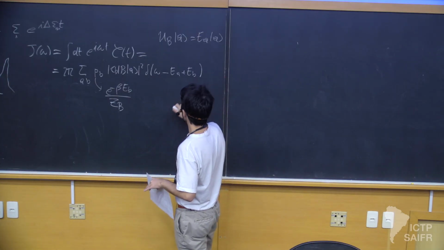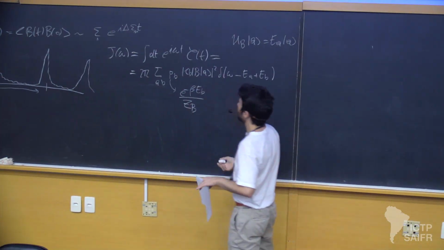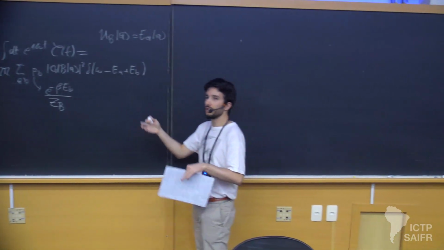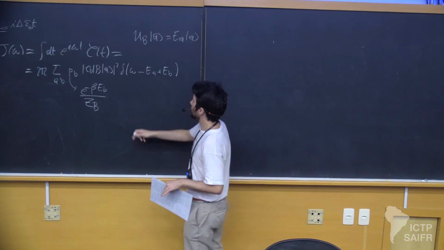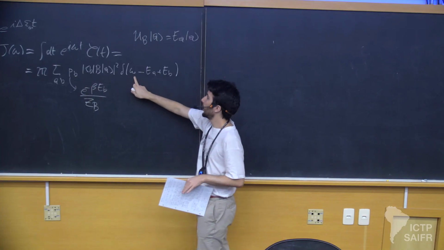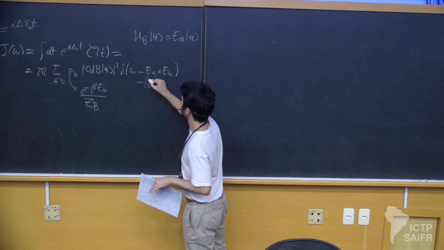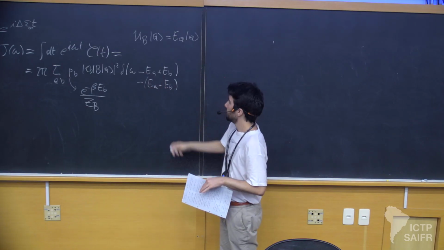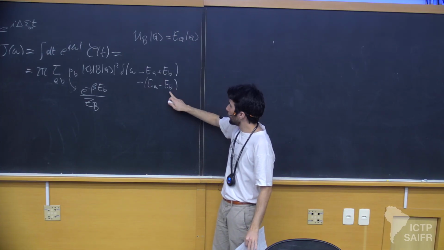So this function is quantifying the density of excitations in the bath that are available for the interaction with the system. Indeed, this object has support at frequencies corresponding to excitation energies. This is minus EA, EB. These are the Bohr frequencies of the reservoir.